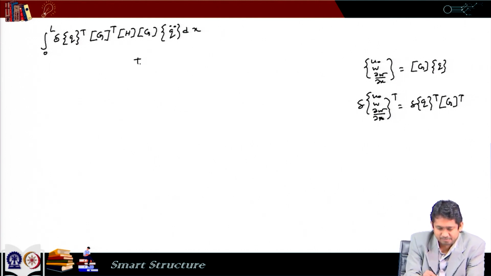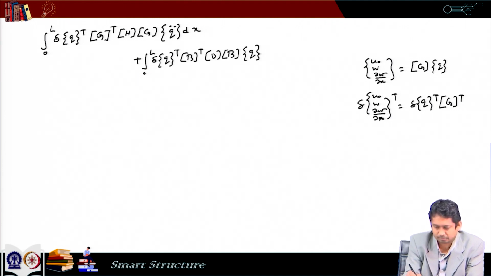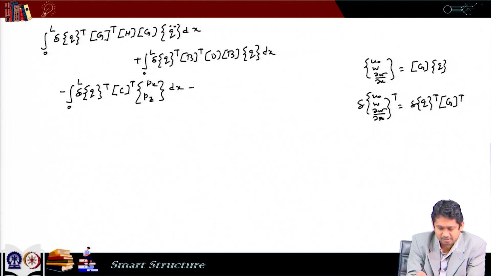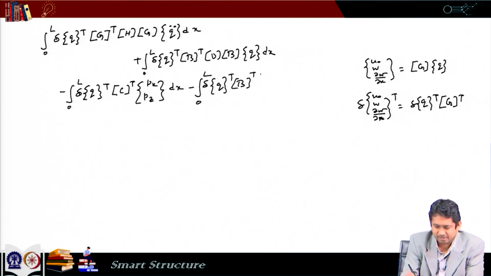And then plus, as we wrote for the static problems, it is delta q transpose B transpose D B dx, and then we have 0 to L delta q transpose C transpose Px Pz dx, and then we have 0 to L delta q transpose B transpose Np Mp dx, and that is equal to 0.